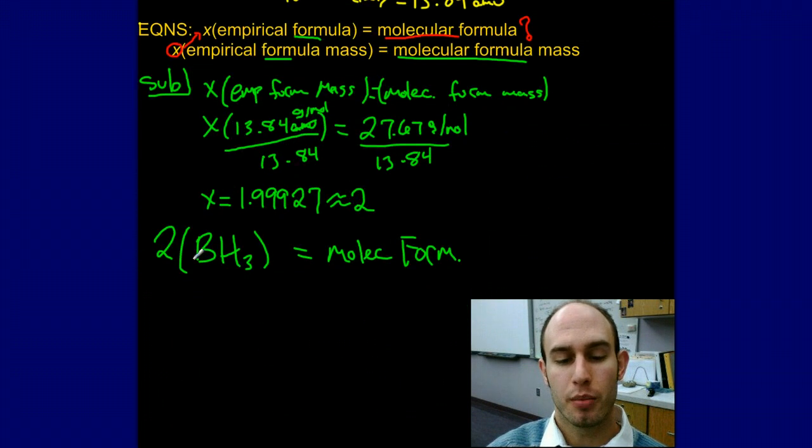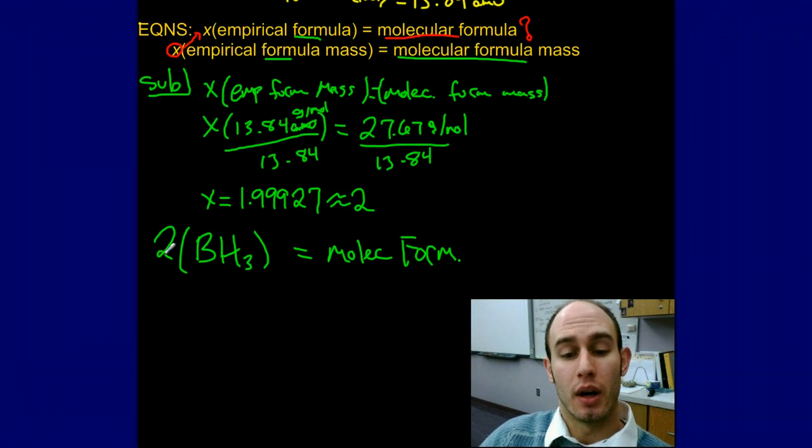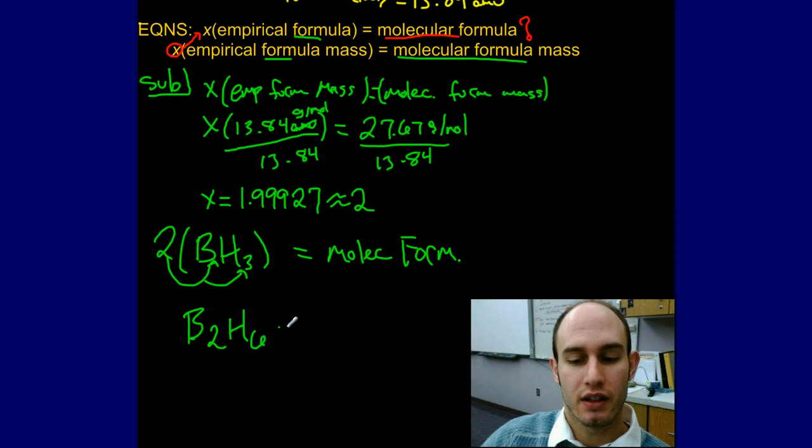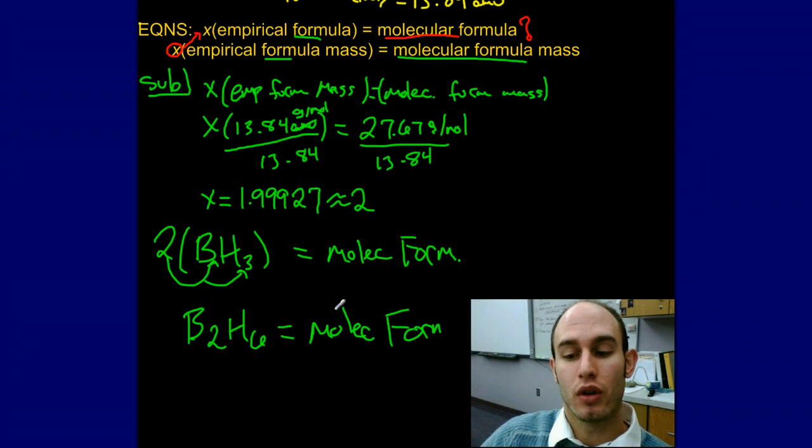I'm just going to multiply through by 2. When I'm doing this, this is being multiplied to the subscripts in the formula. So I'm going to end up with B2H6 as my diborane molecular formula. And that is how you will calculate the molecular formula of a compound.